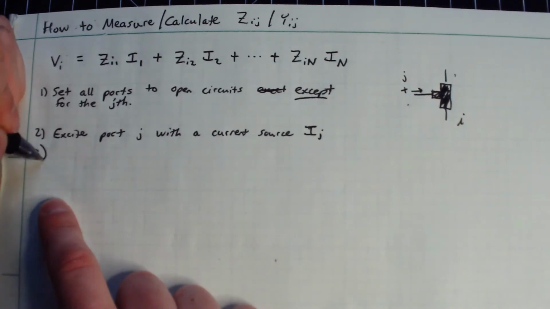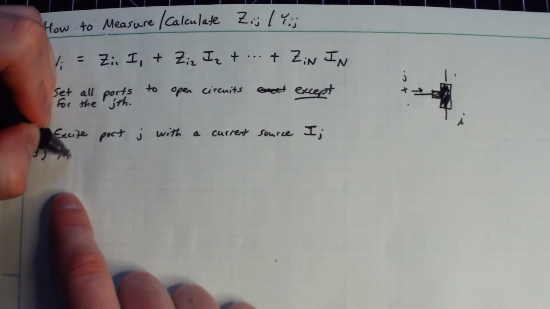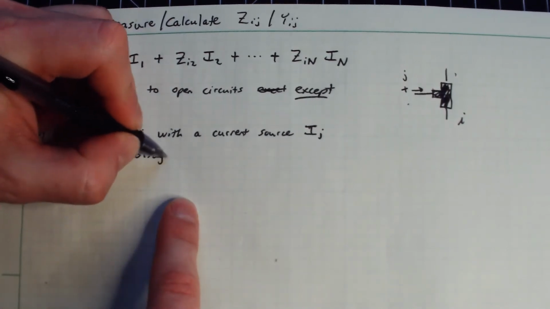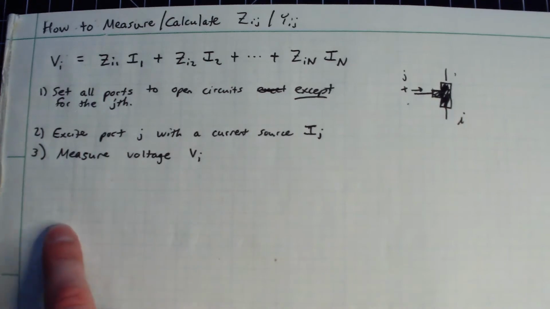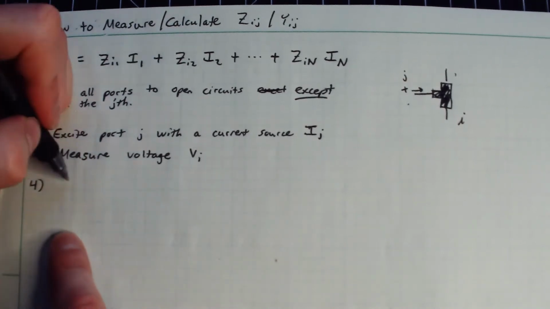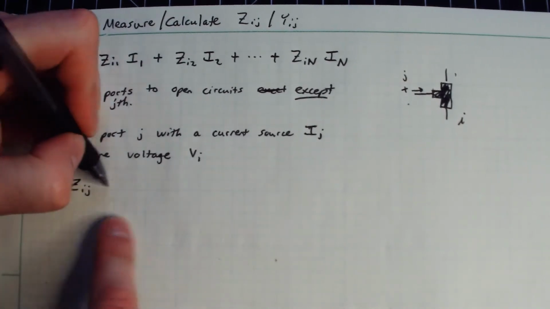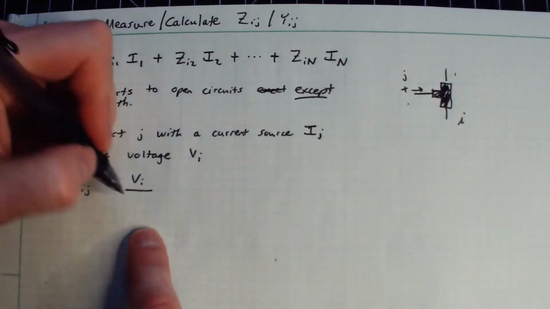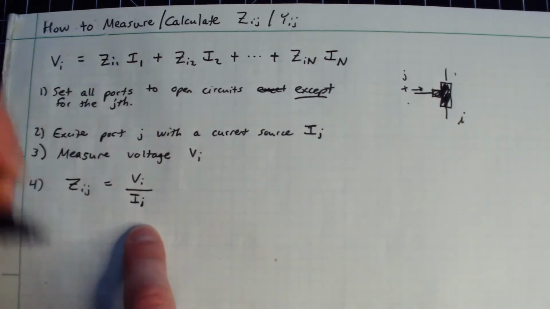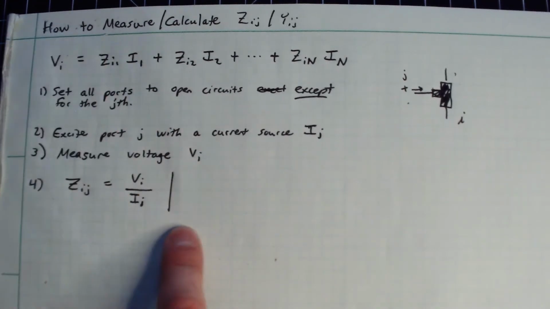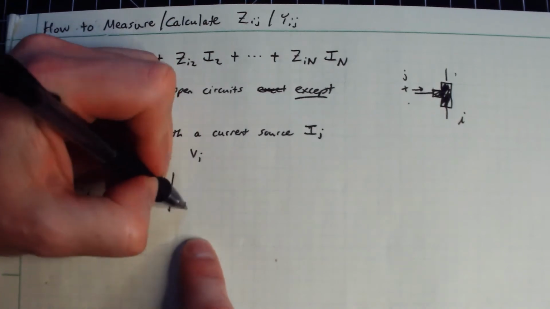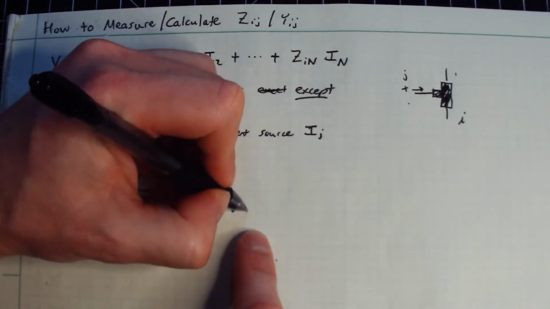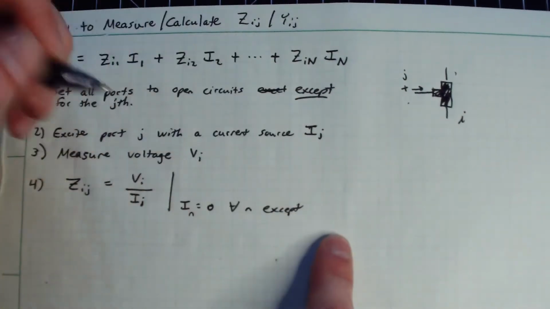So, okay, step 3: measure voltage V sub i. And then, by definition, Z sub ij will be equivalent to the voltage I measure at port i divided by the current injected into port j, under the condition that I sub n equals 0 for all n except j.